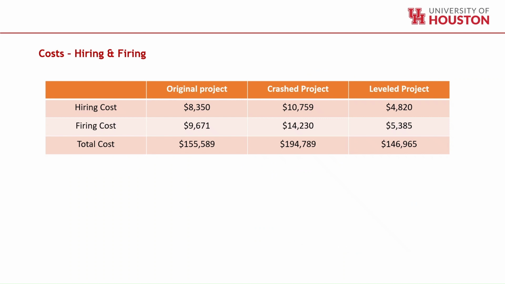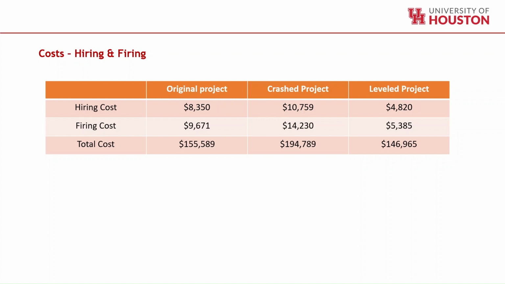So these are the costs we came up with for the original project. The hiring cost was 8,350. Firing was 9,671. The total cost came up to 155,589. For the last assignment, we looked into the crash project.